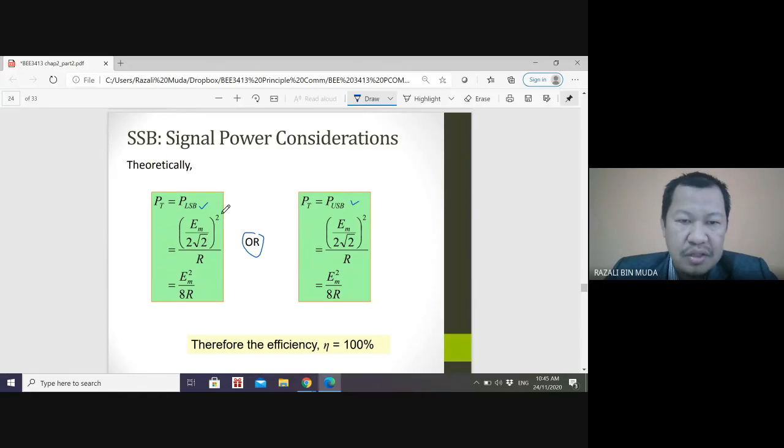This is VRMS squared over R, so it becomes this equation. Therefore, the power transmitted is equal to the power at USB only. So we can prove that because the transmission does not include the carrier, the efficiency, eta, is 100%.